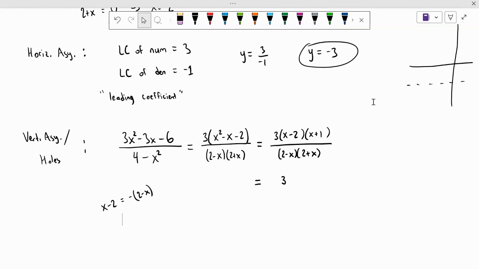That means in the numerator, I can replace x minus 2 with -(2 minus x). Once I pull a minus sign out from the x minus 2, that leaves us with a 2 minus x in both the numerator and the denominator. So then you can actually cancel those out.